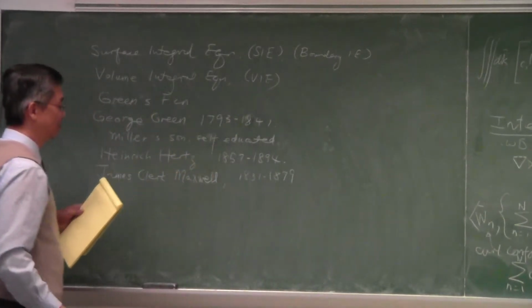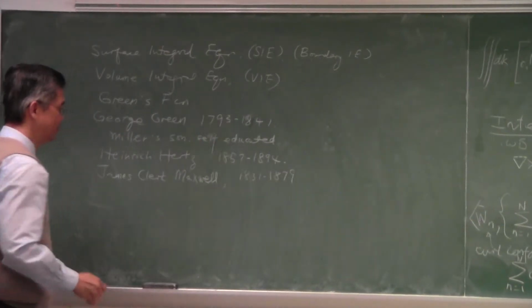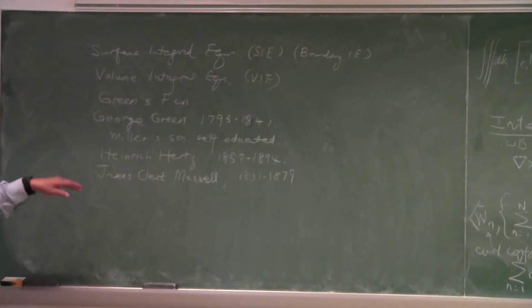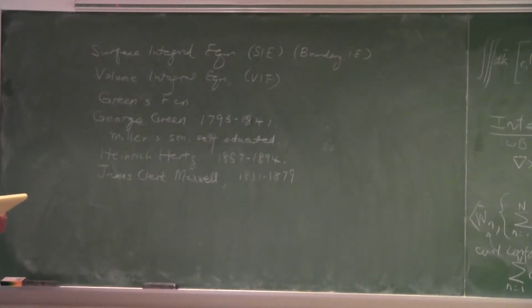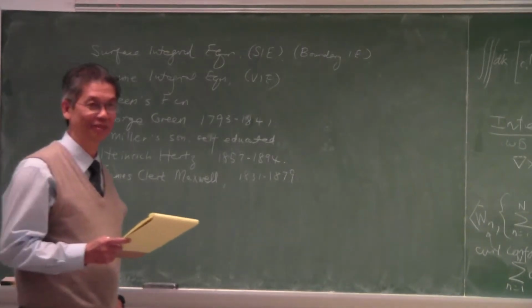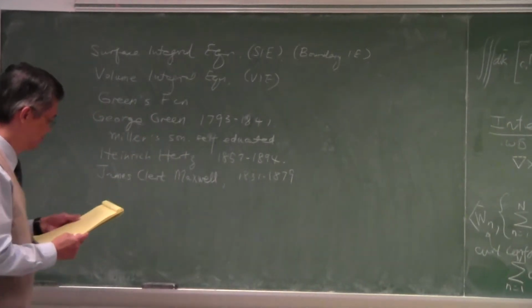You see, they all overlap with each other, except for this one. But they all didn't live very long, so we should be happy that we live in a modern world, that we have good medical care, and we can live a much longer life than those people. Okay. So, just a sidetrack.